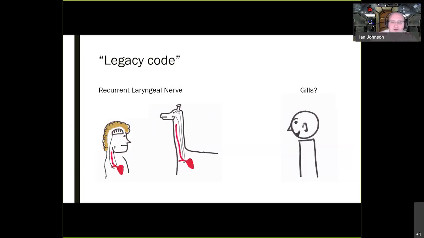So this is how it grows. And so in humans, it travels quite a long way to get to the jaw. But in a giraffe, it's exactly the same. We have exactly the same template, exactly the same legacy code, exactly the same redundancies.